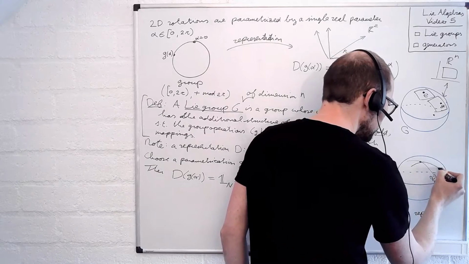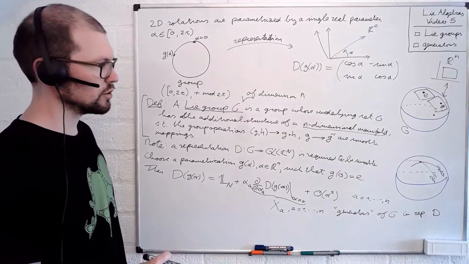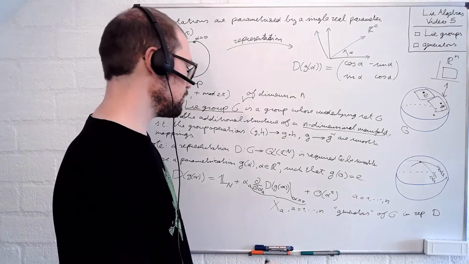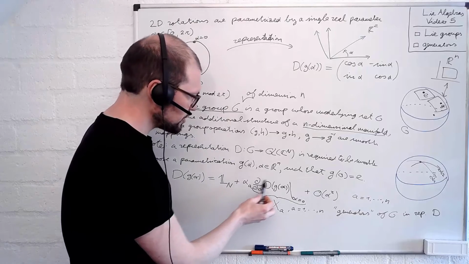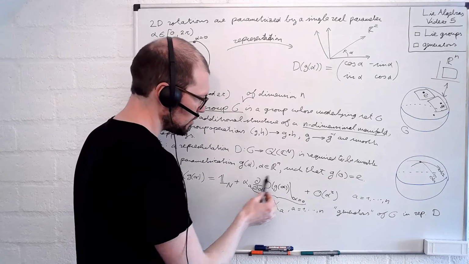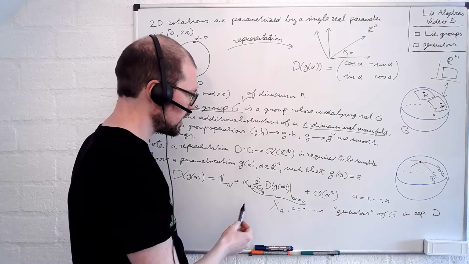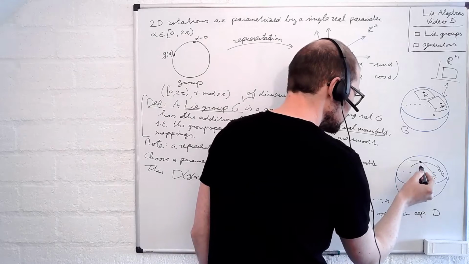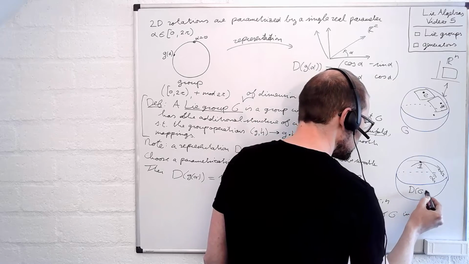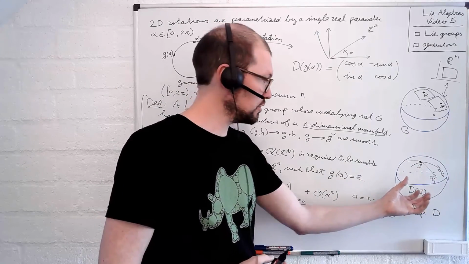In this picture I'm drawing a two-dimensional manifold, so there will be two real parameters, alpha 1 and alpha 2, corresponding to different trajectories in this group. Then what I'm doing is taking the derivative of this group element, or more precisely the matrix that I assign to this group element, at the origin. So here is the identity. We know that this is the identity matrix, so here you should think of this picture as the set of matrices that I've assigned to my continuous group G.